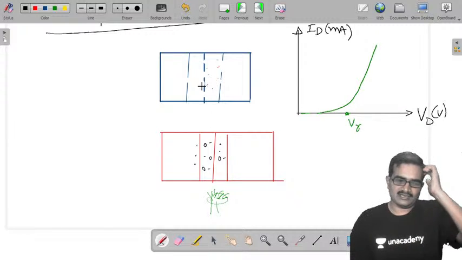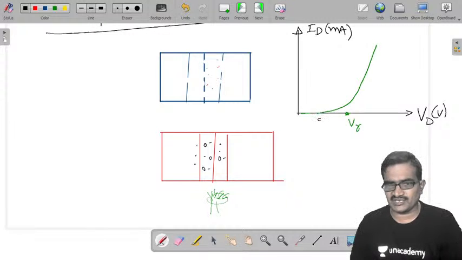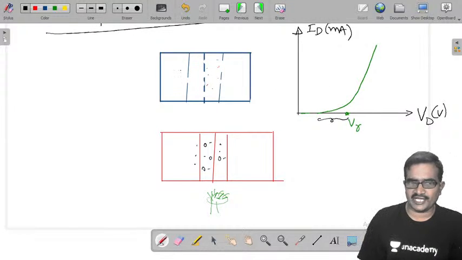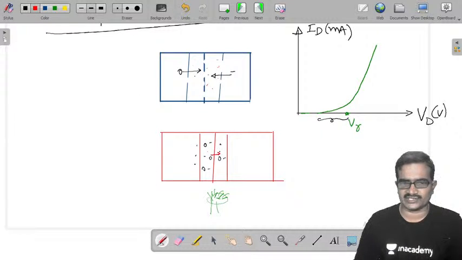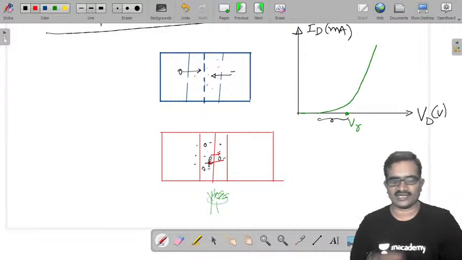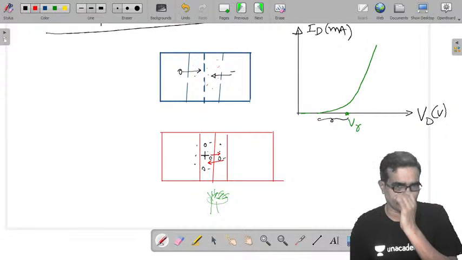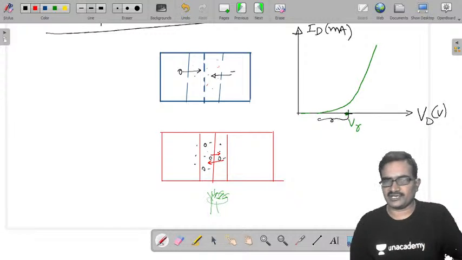That means you spend this much voltage to bring the charge carriers from here to here, but here there is no need of bringing new charge carriers. Already a few charge carriers are available. Now the voltage you need to spend is only for taking these charge carriers, like this electron, and moving them across the junction. For that purpose only you need to spend the voltage. So instead of applying this much voltage, less than that voltage is sufficient.